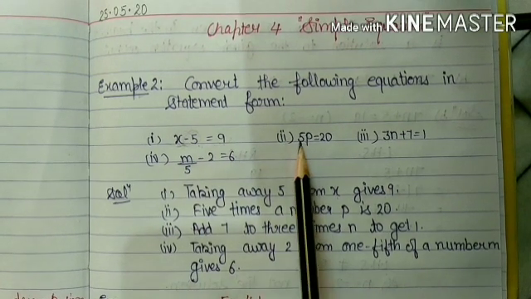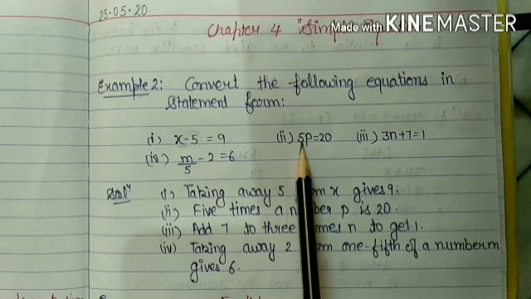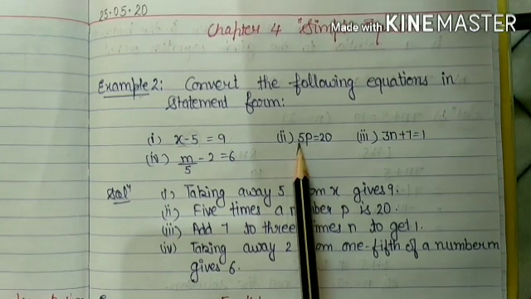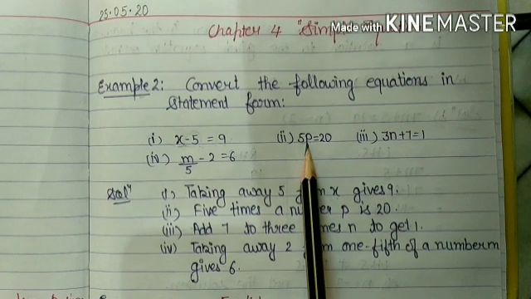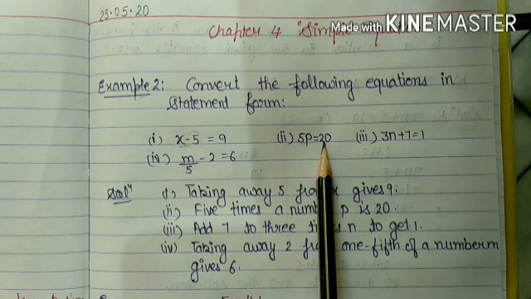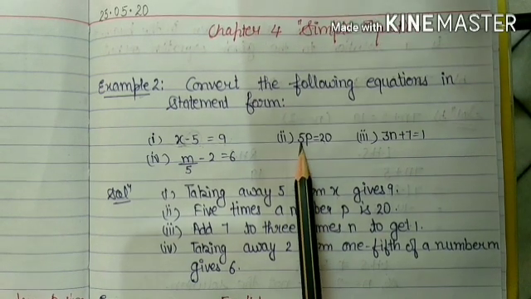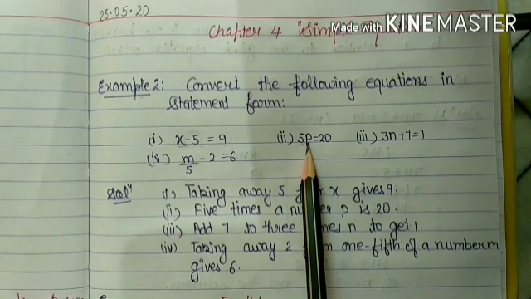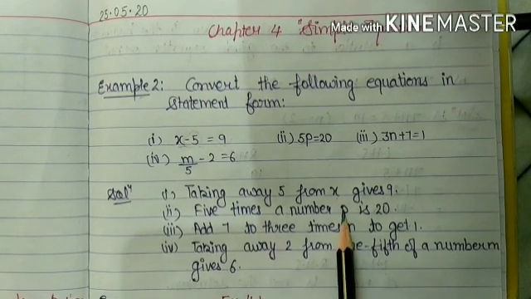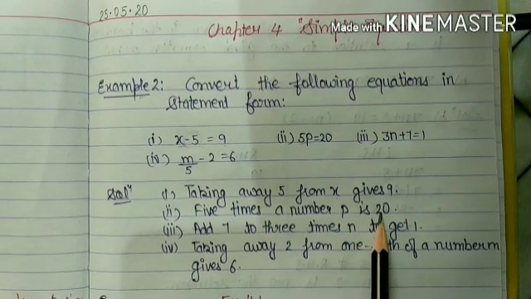The second says 5p. Here 5 and p are multiplied, or you can say 5 times p. The right side is giving you 20. How to make the statement? 5 times a number p is 20.